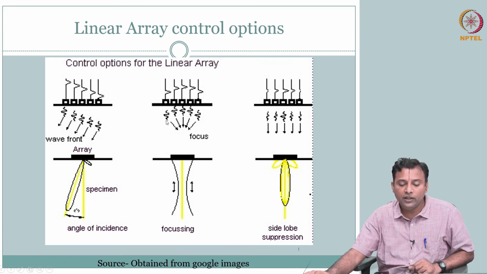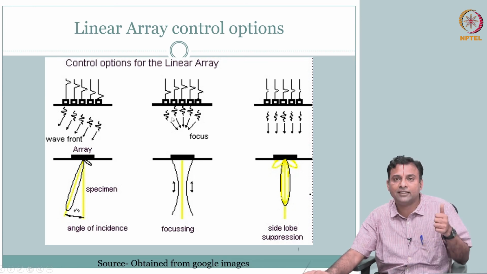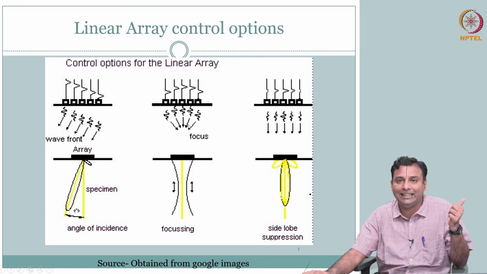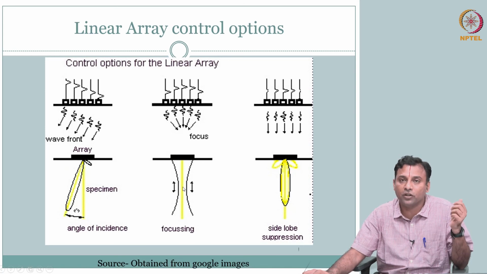So the idea now is, if I want to focus at a particular location, the medium, let us assume, has some velocity c. So I know the time at which this is released, and the arrival time of this wave at that particular location. Ideally we want this wave and this wave and this wave, all of them to arrive in phase, coherently, at a particular location, which is your focus.